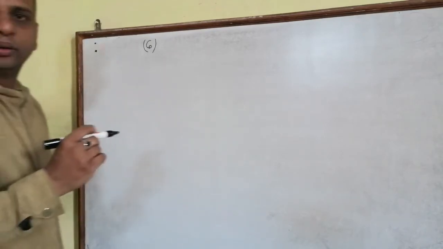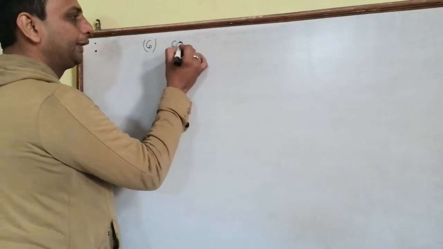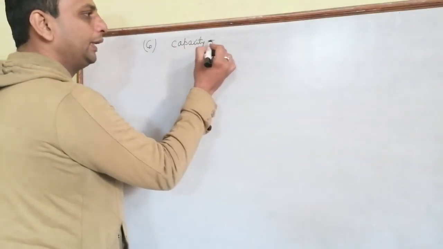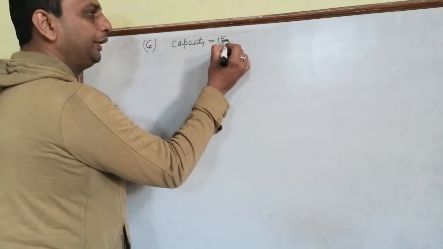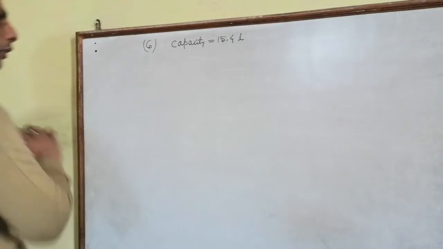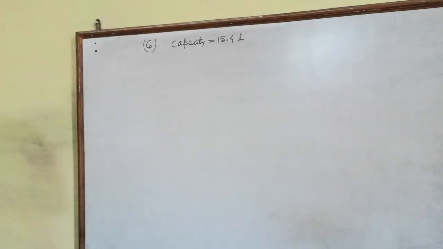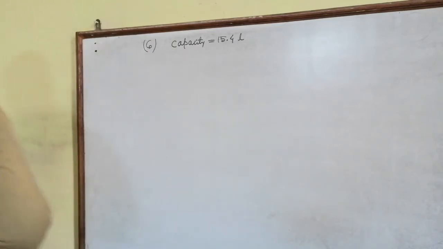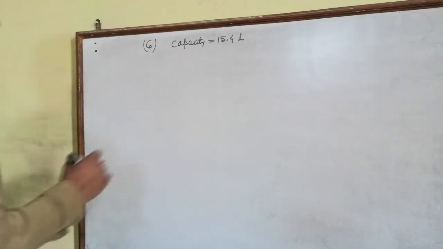Now this is a lengthy question because here the capacity is given. Capacity means volume is given, and it is in the form of liter. So we need to convert it into meter cube. So 5.4 liter is given, and to convert into meter cube we have to divide by 1000.